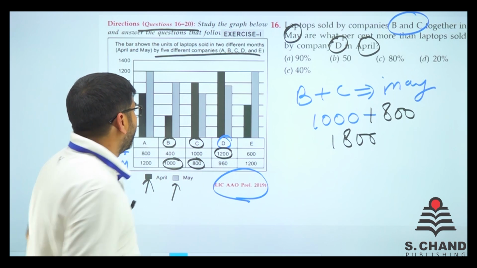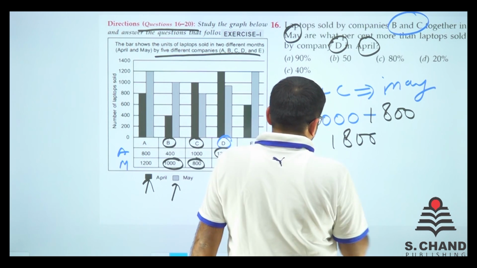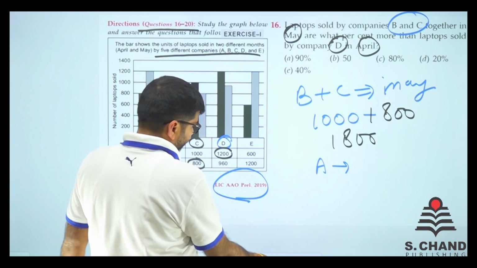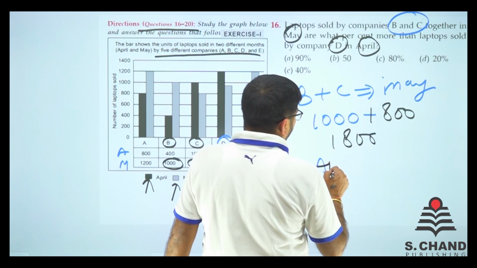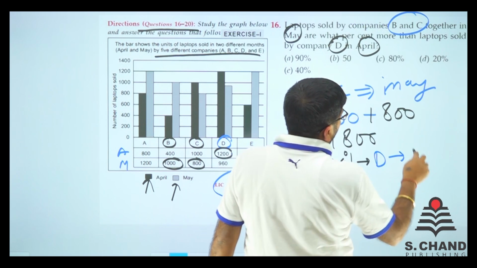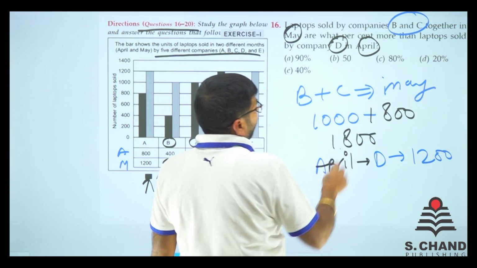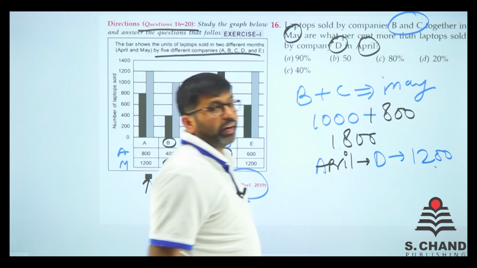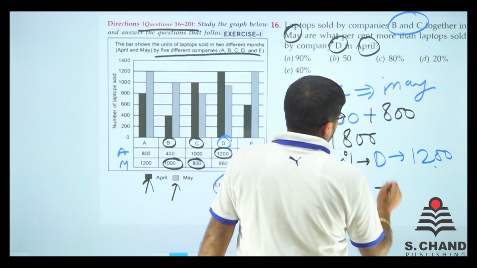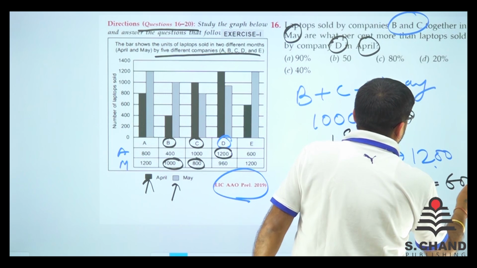Now in April, D sold 1200. So how many more? 1800 minus 1200, we get 600. So we get 600 more.